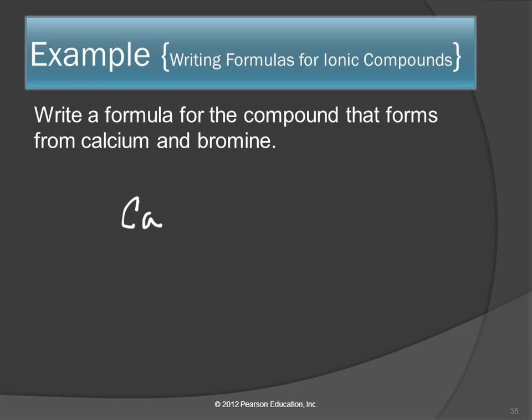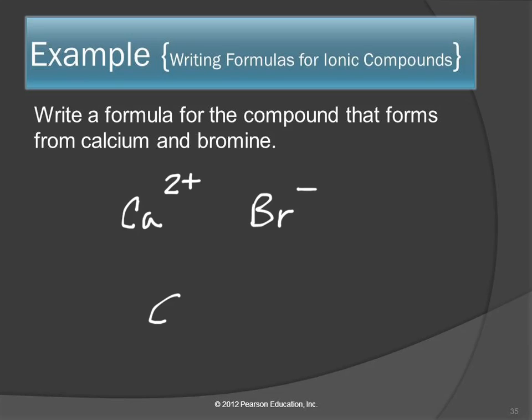It's in group 2, so it forms a 2+ ion. Calcium is a metal. It forms a positive cation. How about bromine? What charge will the bromine ion have? -1. Those are based on location in the periodic table. This is an important skill. Now we have to figure out how to put those two together.